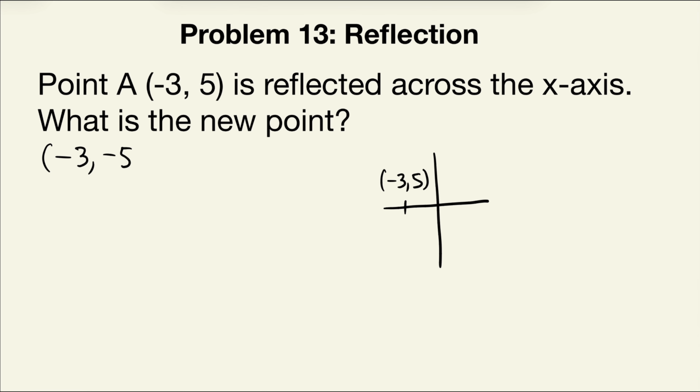And that is the final answer. So I will leave you with this. When you flip across the x-axis, the y changes. When you flip across the y-axis, the x changes. So with that, let's move on to number 14.